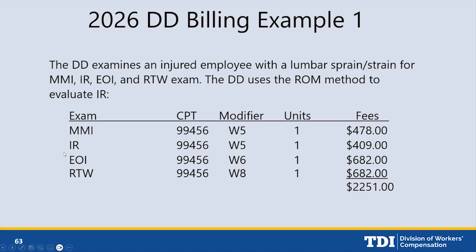Something else to keep in mind as we're moving forward. The rule does not specify whether you bill the whole exam on one line or whether you break out each individual item. But if you bill it all on one line and then the carrier turns around and asks you to itemize it out, or vice versa, if you can do it within your 95 days, go ahead and do it, right?